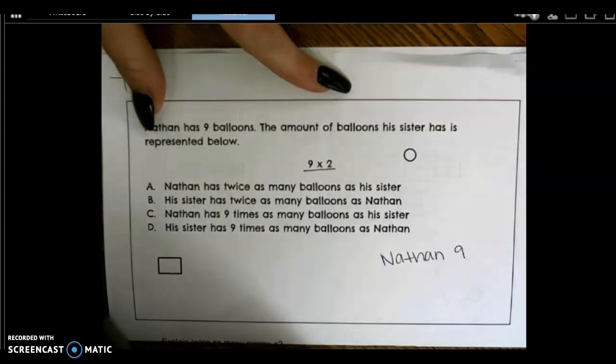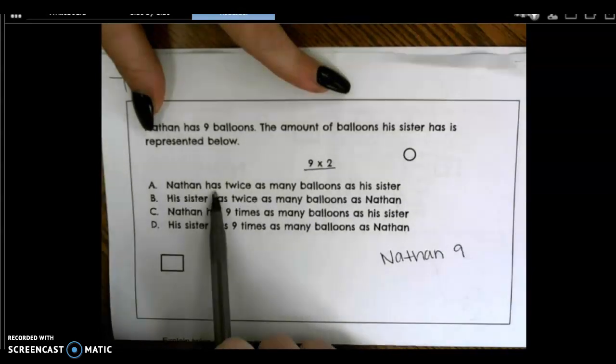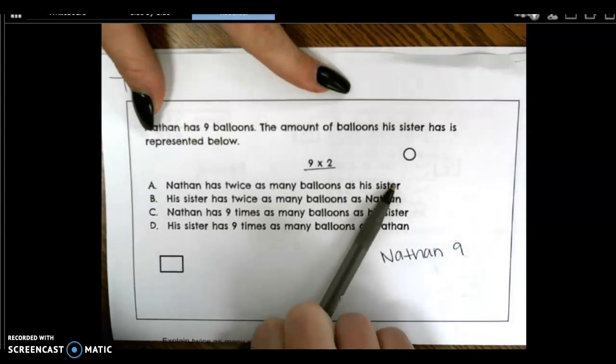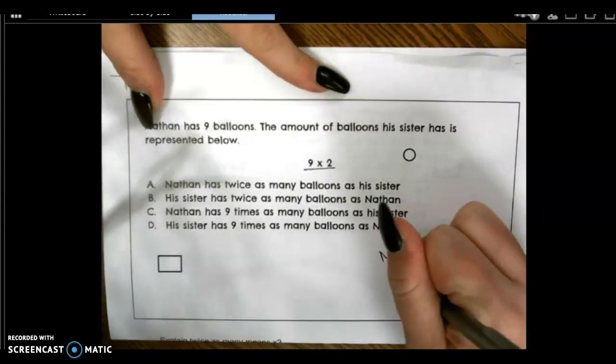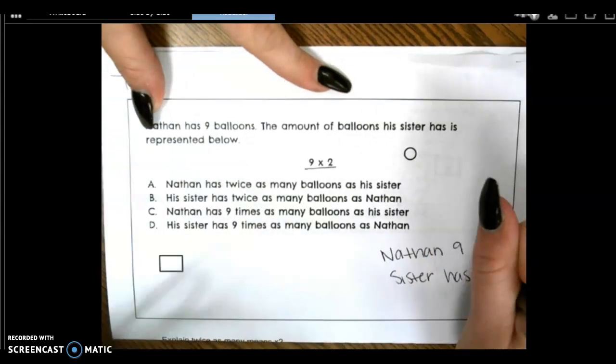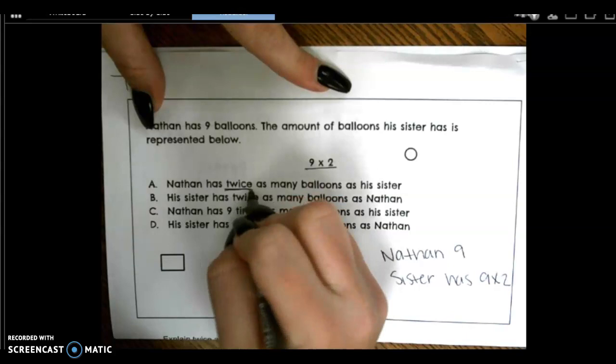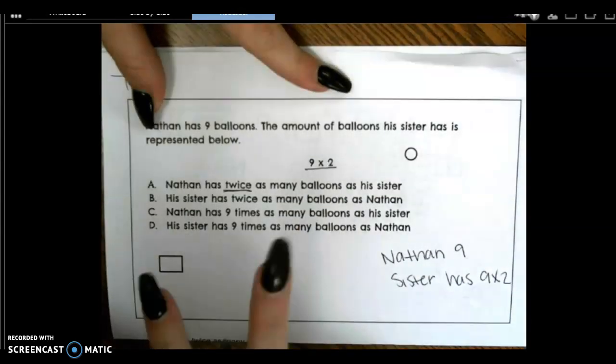So let's see. Nathan has twice as many balloons as his sister. Well, we know that his sister has 9 times 2. Twice, boys and girls, as many means 2 times.